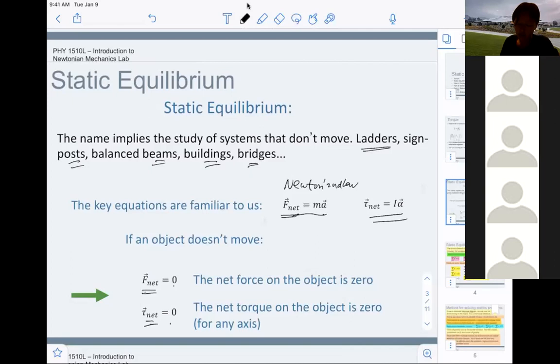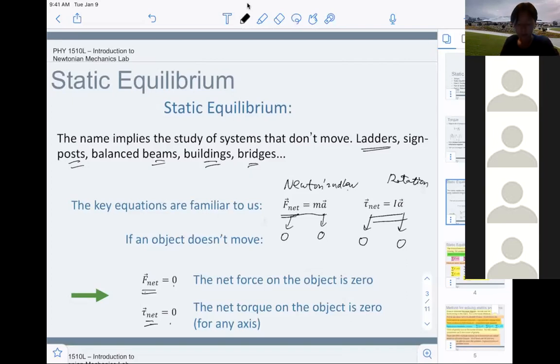This is also Newton's second law. We say this is Newton's second law for rotation. You have done a lab previously on this. If net force is 0, that means acceleration is 0. If net torque is 0, that means angular acceleration is 0. So you made sure not only will it not be translating, it's also not rotating. It's not tilting over.